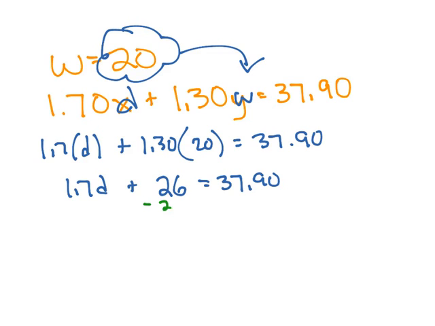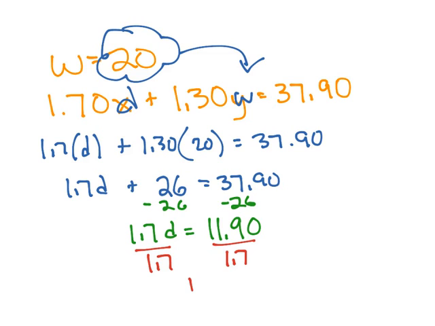We'll subtract 26 from both sides. 1.7D is equal to 3790 minus 26, or 1190. Divide both sides by 1.7, and we get that the number of fake dog poops that we made was 7.